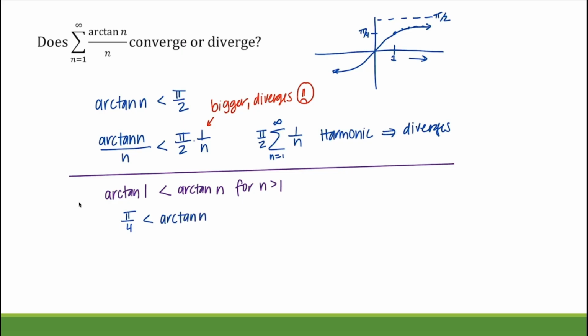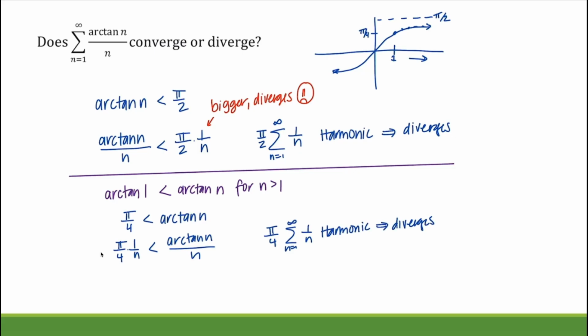Well, now let's go ahead and divide both sides by n. So we have pi over 4 times 1 over n is less than arctangent n over n. So does this inequality help us? Let's take a look at this series. Again, it's actually the same one. Pi over 4 times the sum of 1 over n, the harmonic series, once again diverges.